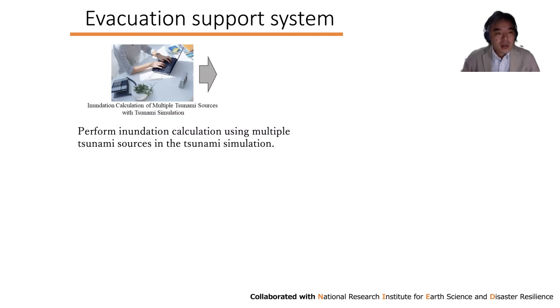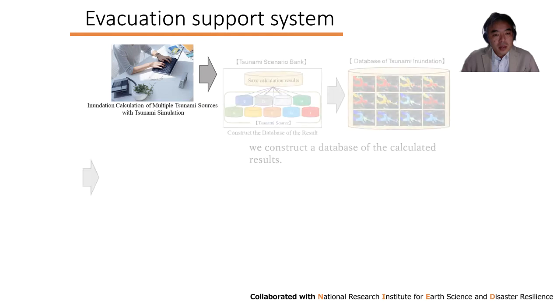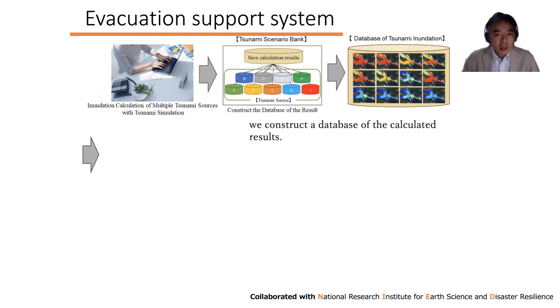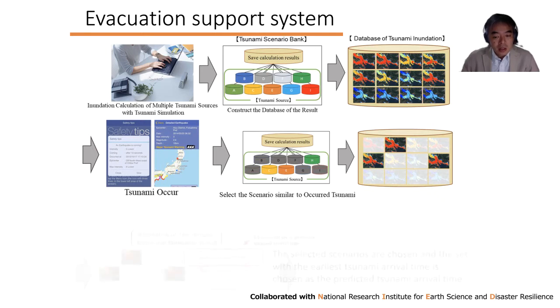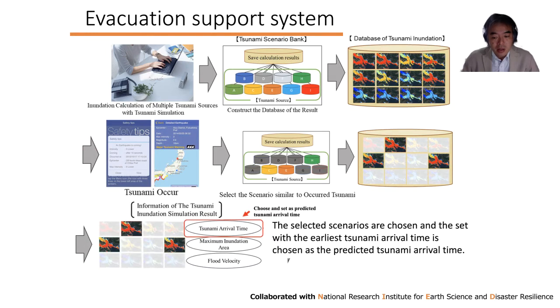Next, I would like to explain the evacuation supporting system. At first, we make a database of tsunami inundation by using numerical calculation. When an earthquake occurs, based on the epicenter location and the magnitude information, we select the scenarios and set the earliest tsunami arrival times.